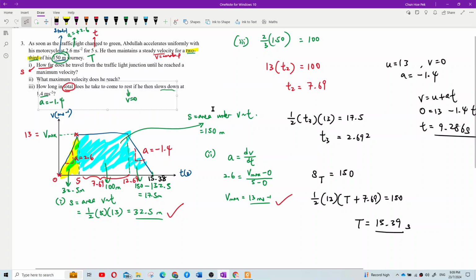So always try a different method. My first mistake is I thought the 2/3 is taken from 2/3 of the total time, but no. Here it means 2/3 of the whole journey, 2/3 of the displacement. 2/3 of the total time is different from 2/3 of the journey.